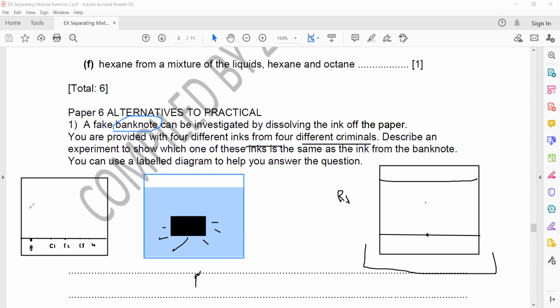That means what happened? The one which rises to the same height, like example, criminal 1 ink was rising this height, criminal 2, 3 was there, and 4. So which one is present in a banknote? So you can identify if they rise to the same height, then the ink present in criminal 3 is same as in the banknote. But you don't have to mention which one matches, you just have to mention a procedure how you will carry out this.